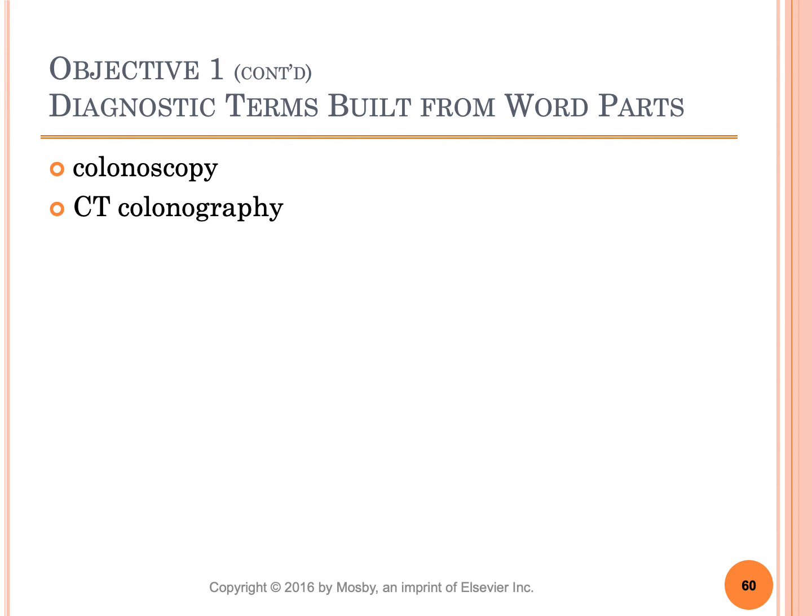A CT colonography is a radiographic imaging of the colon, and a lot of times, we do this to get a better idea of what's going on, to provide a diagnosis for the patient. And we use a CT in this instance to do that.